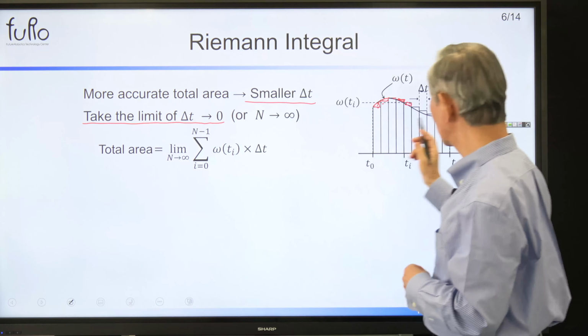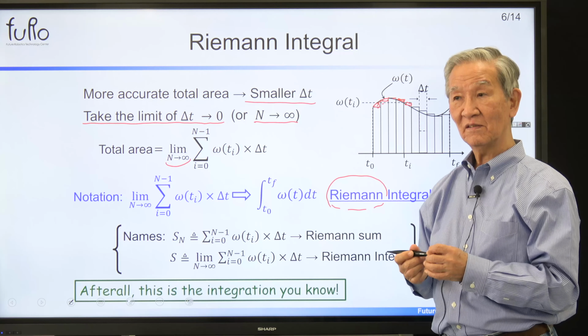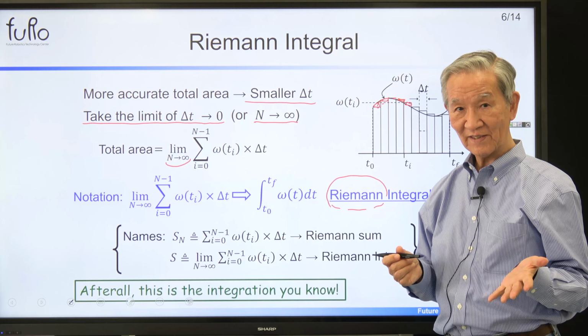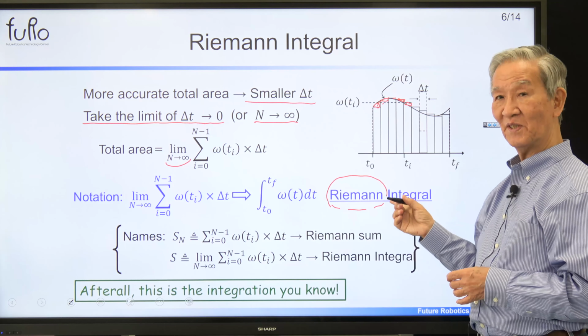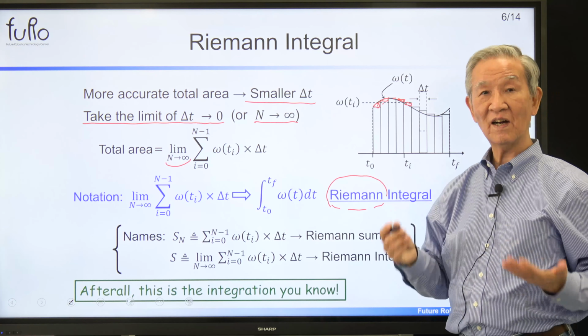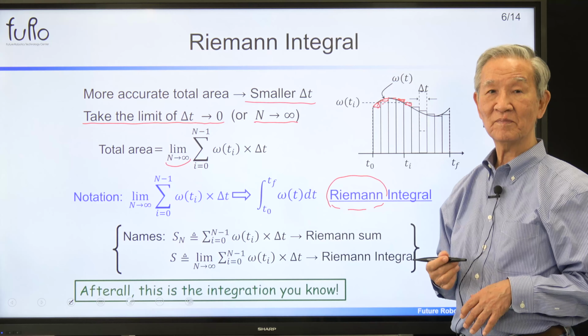You have learned integration probably in high school. And actually, the integration you have learned is the Riemann integral. So there is a name for it. Well, why, you ask? The reason is very simple: there are other integrations in the world.